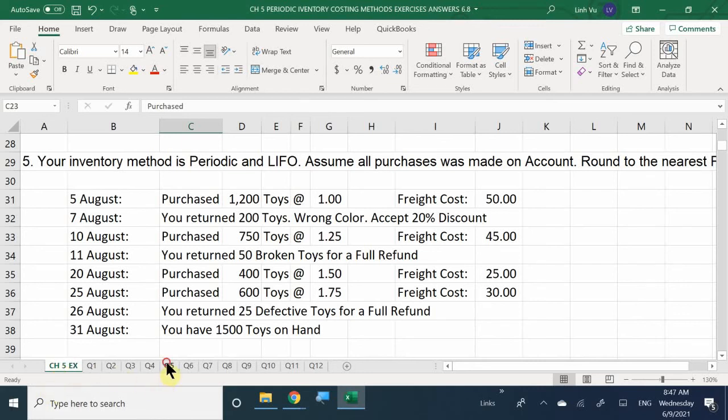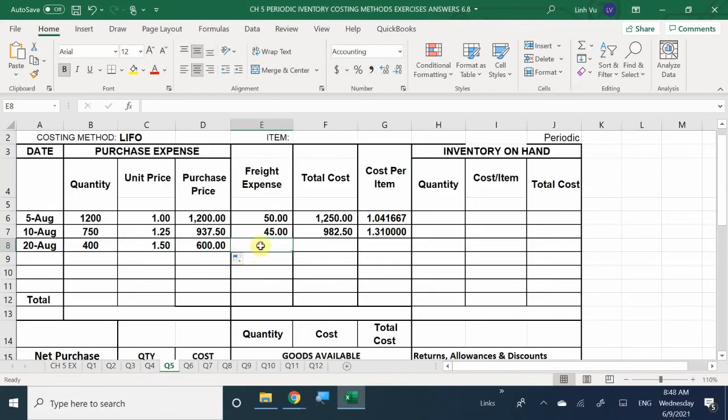So it comes to $625. Then divide the 625 by 400, and I got 156.25.